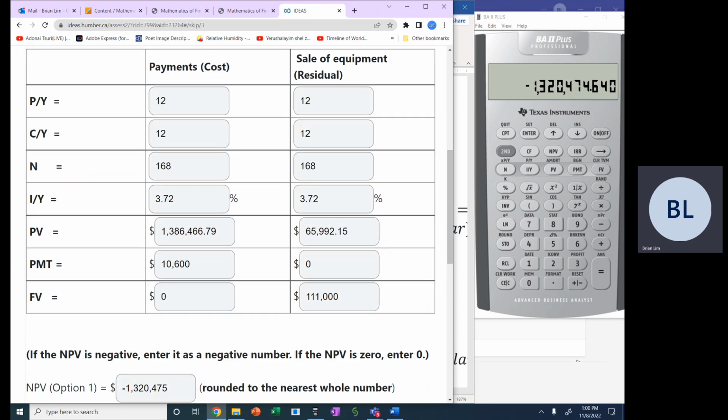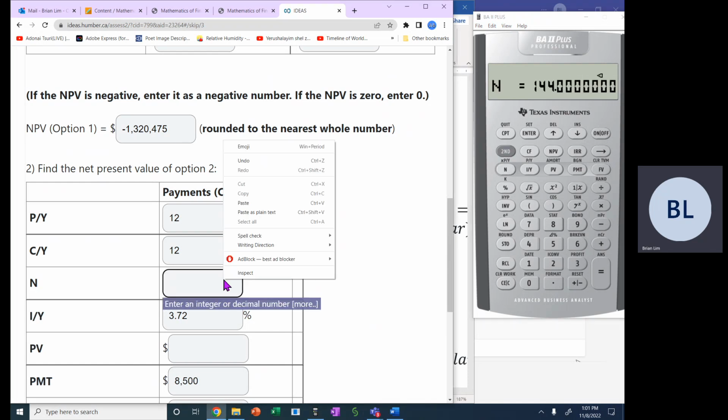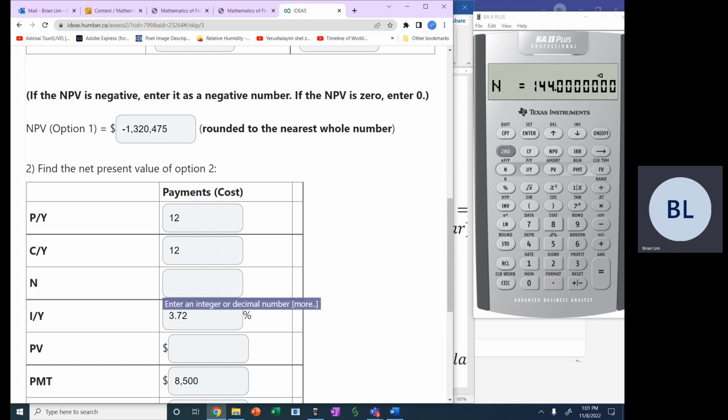Anyway, let's use the 12 years. PY is 12, and CY is 12. So 12 years, we go 12, and we go second N, and N would be 144. Now IY should be the same, so we can recall IY, and it's 3.72.